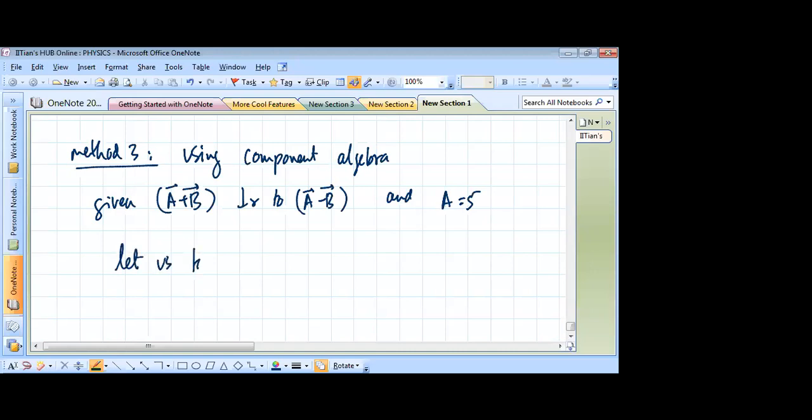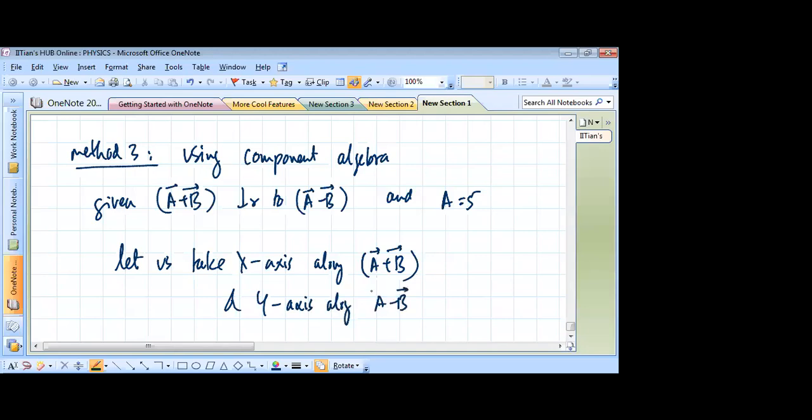Let us take the x-axis along A plus B and the y-axis along A minus B. Because we are free to select x and y whatever way we like, as long as they are mutually perpendicular. So because it is given that this vector is perpendicular to this, if we can just assume our x-axis is taken along this direction and our y-axis is taken along this direction.